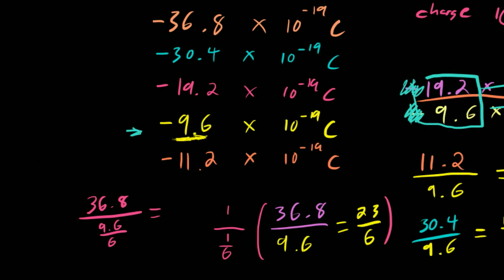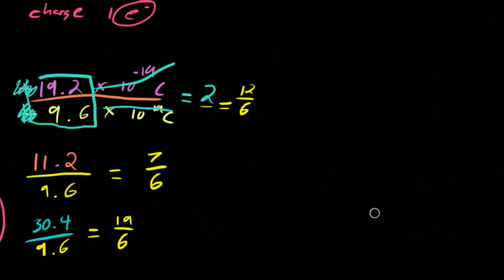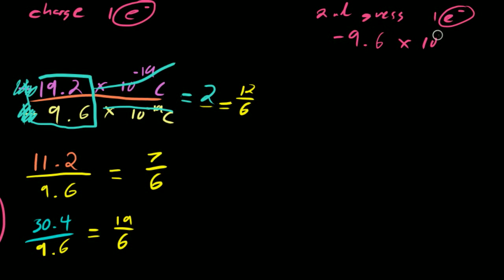So if we now say our new guess for what an electron would be is 1/6 of our first guess, then our second guess for the charge of one electron is going to be minus 9.6 times 10 to the minus 19 coulombs divided by 6.